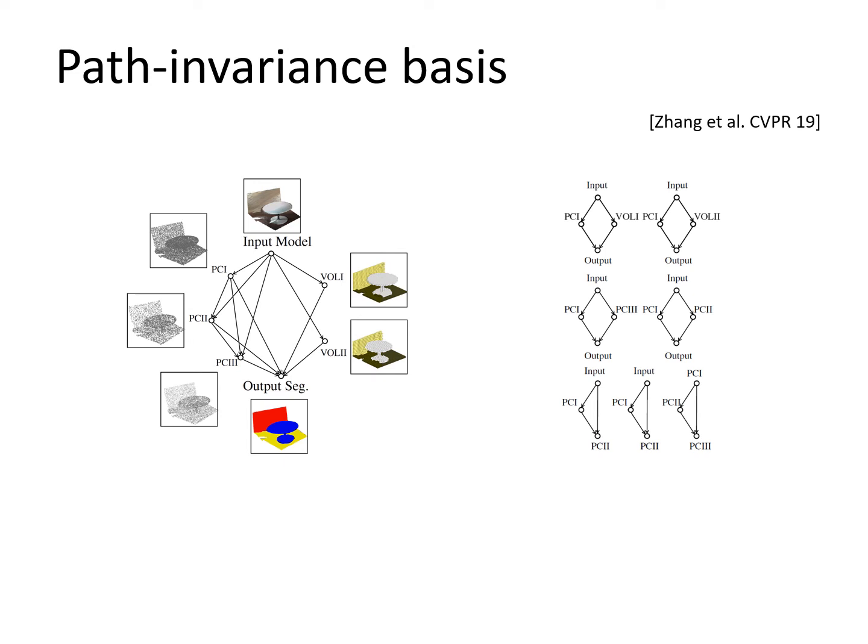Can we instead choose a small subset of path pairs? We call it the path-invariant basis. When you enforce the path-invariant constraints on those path pairs, it induces the path-invariant property of the entire graph. We will talk about this in a moment.